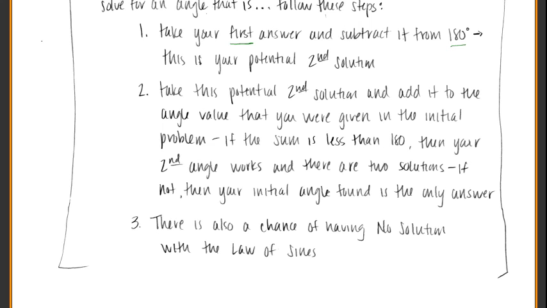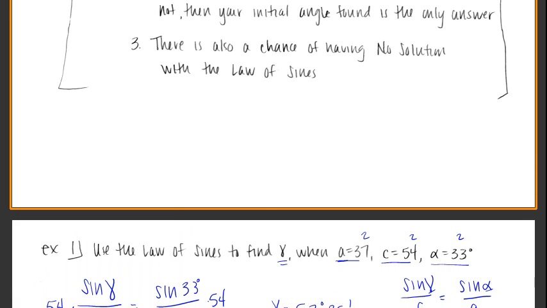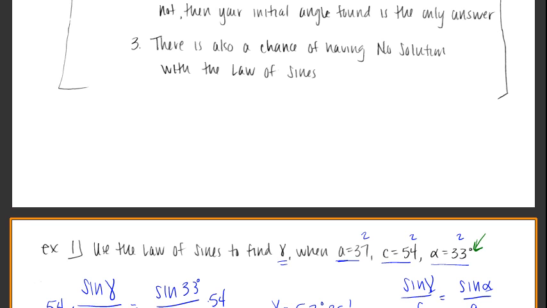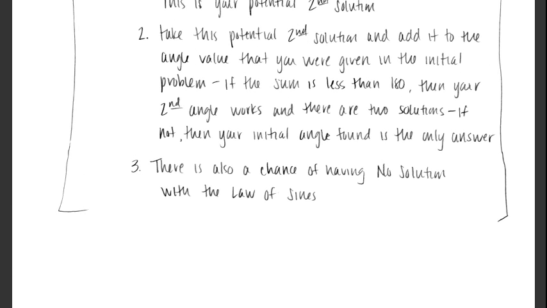Now take this potential second solution, this 128, and add it to the angle value that you were given in the initial problem. The angle value given to us in the initial problem was 33 degrees. So take my 128, add it to the 33, and that gives you a total of 161.